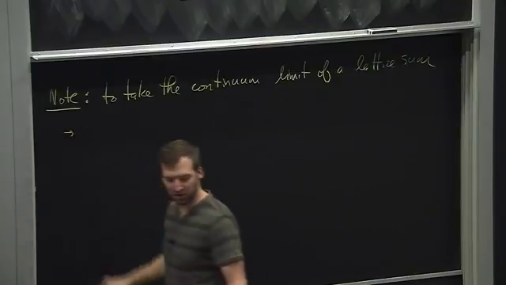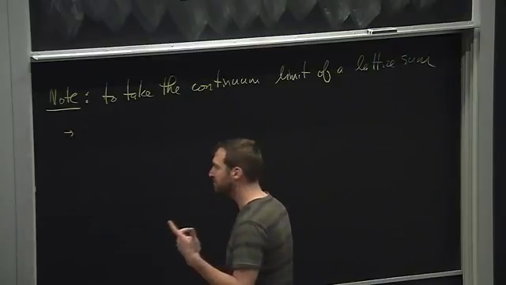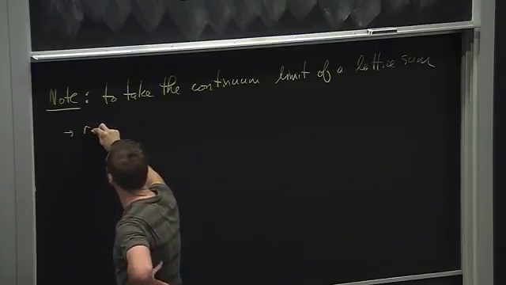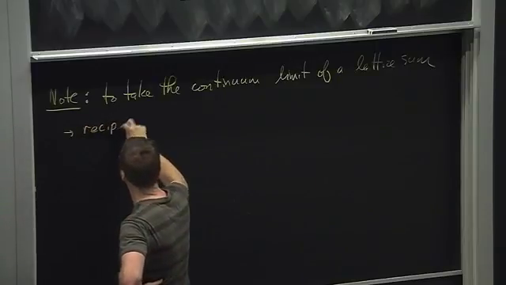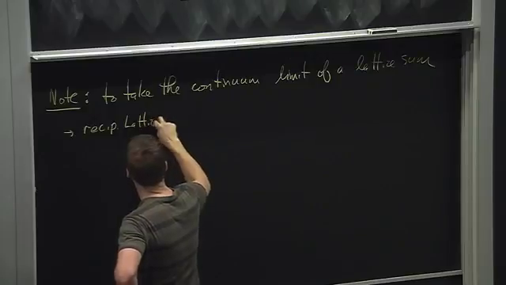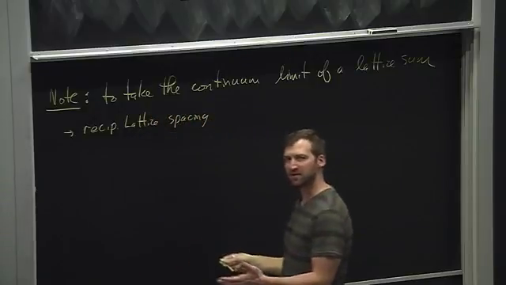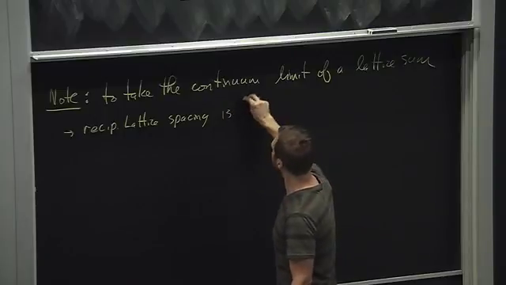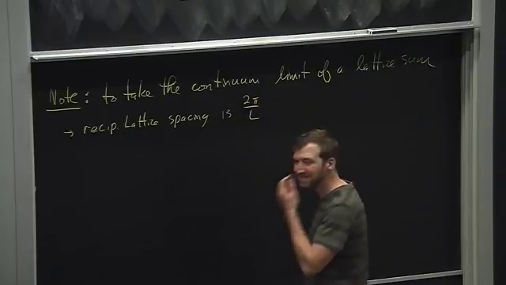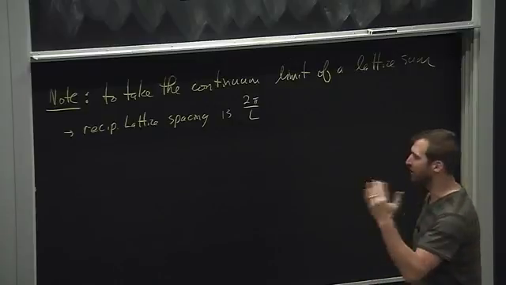So the reciprocal lattice spacing is 2 pi over L. Your momentum space, remember, is discretized. So that's 2 pi over L in every direction.